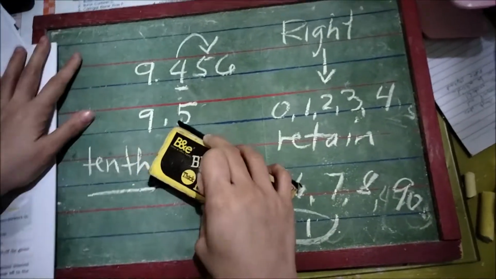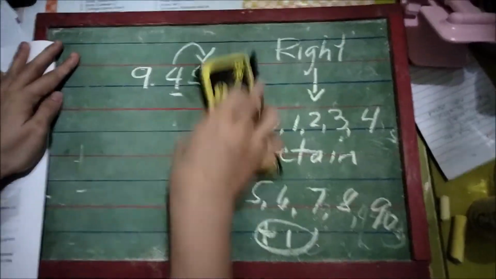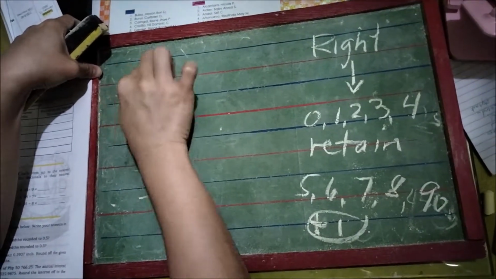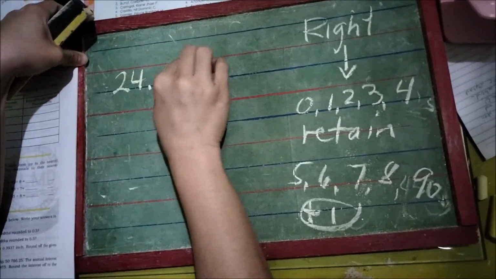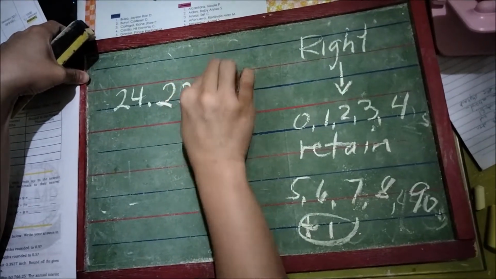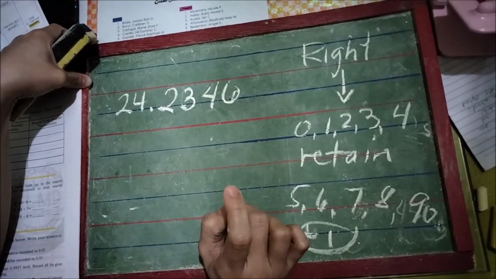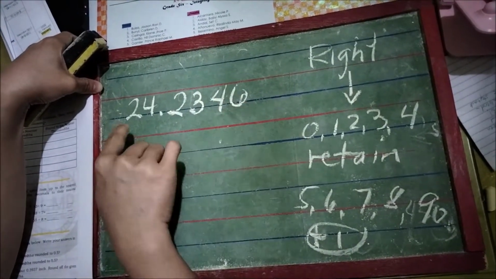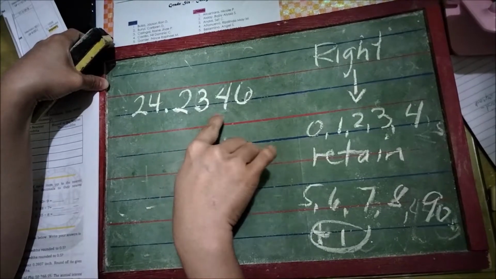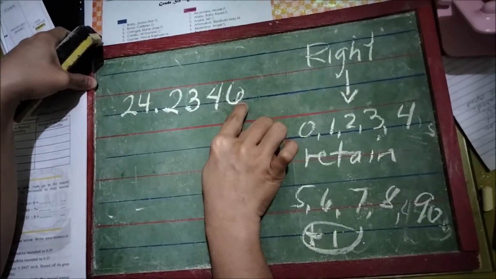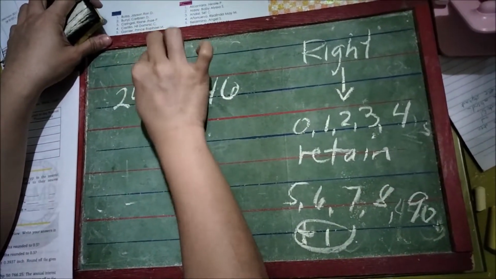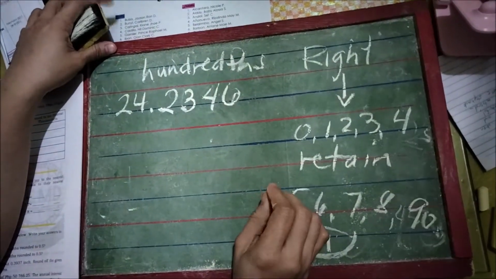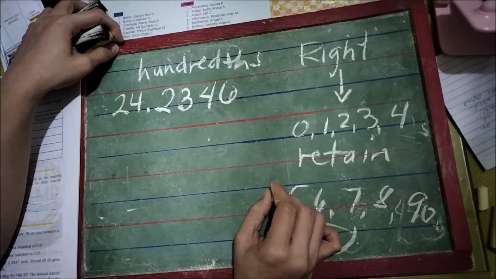Now let's continue. Say, for example, I have 24 and 2,346 ten thousandths. Why ten thousandths? Because it goes tenths, hundredths, thousandths, ten thousandths. Round off to the nearest hundredths. Let's determine what number is in the nearest hundredths.